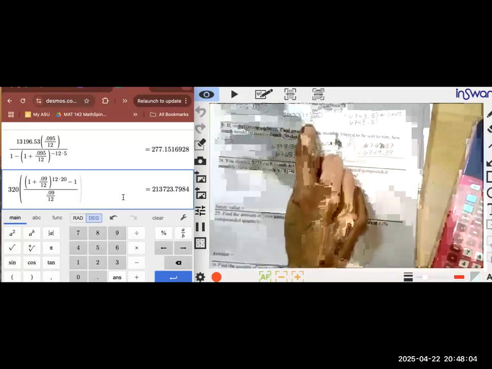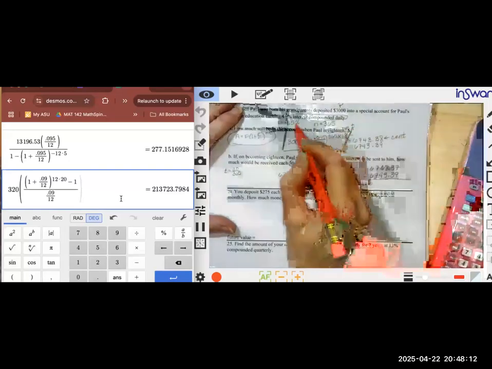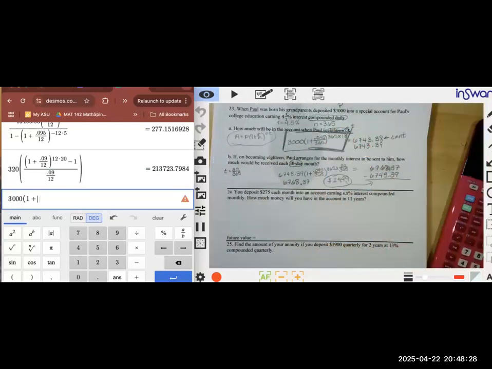Why don't we type in this one, or you guys type in this one right here. Practice typing it in. Is anyone typing it in, or is it just me that's typing it in?